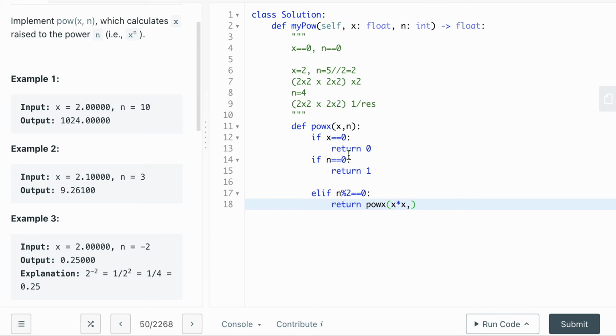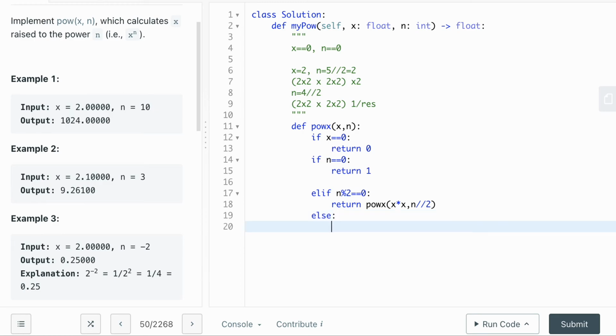And then n is how many times you need to do it. So n divided by 2, which equals 2. That's the recursive way that you can return for an even number.